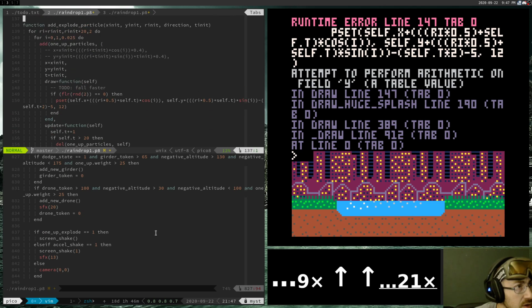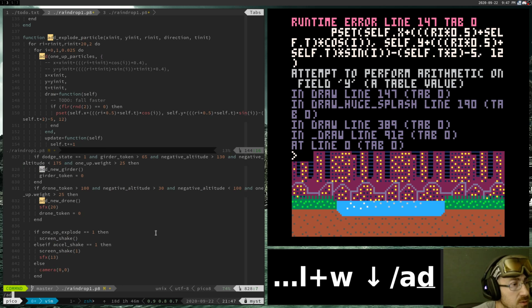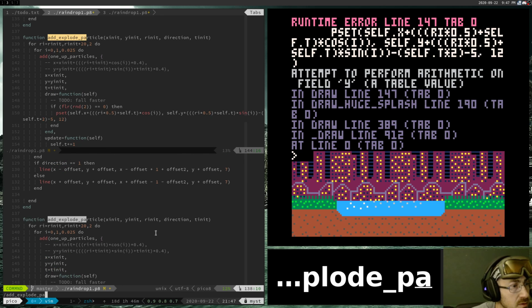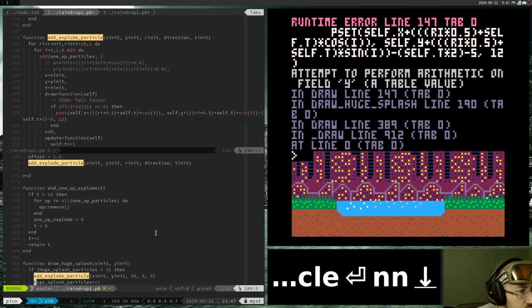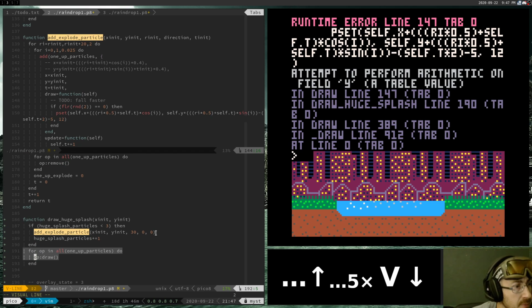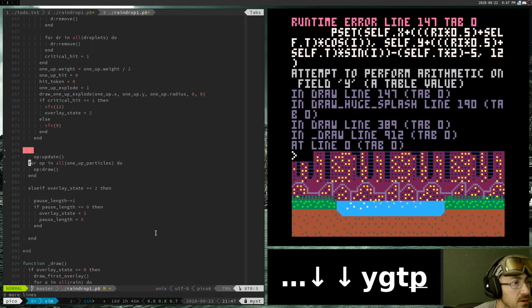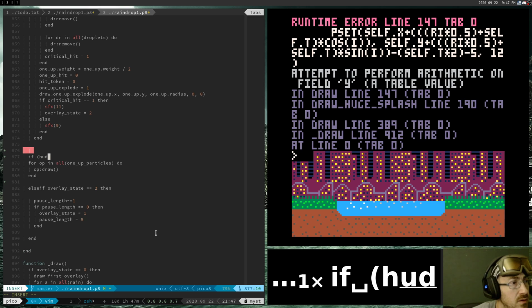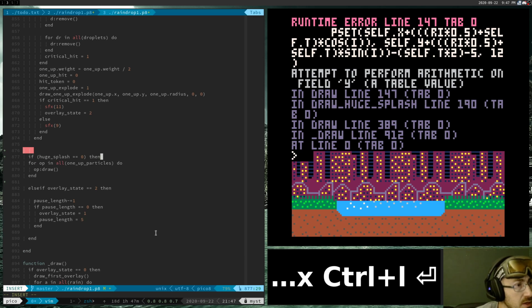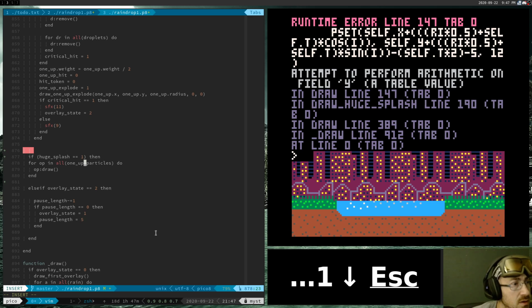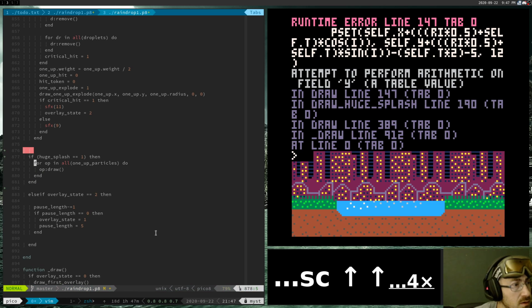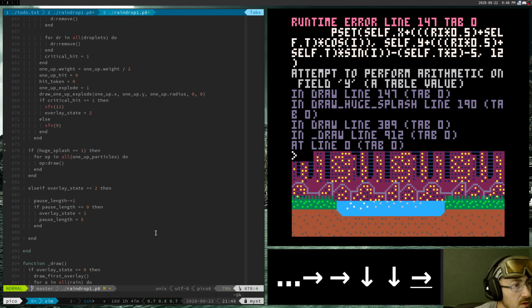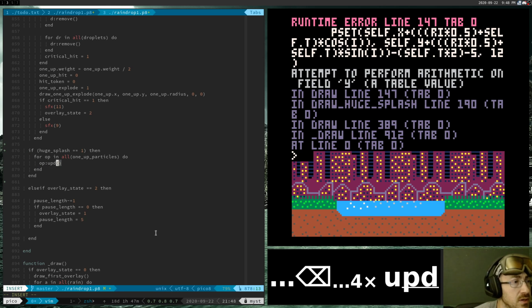Add explode particle. Okay, so that's the problem. Oh, okay. So we need to add explode particle. Draw a huge splash. Here it is. So we need that over here. If huge splash equals 1, then this has to be update because we're in the update function.